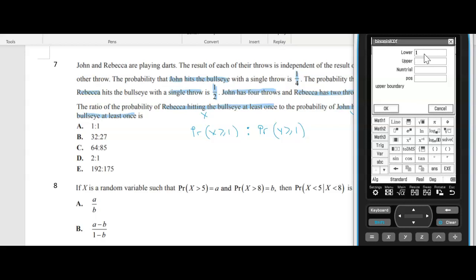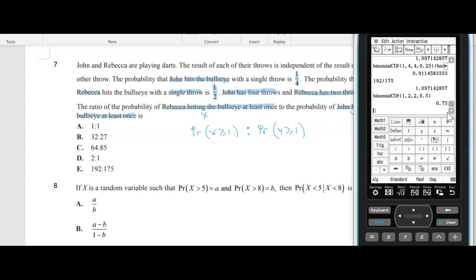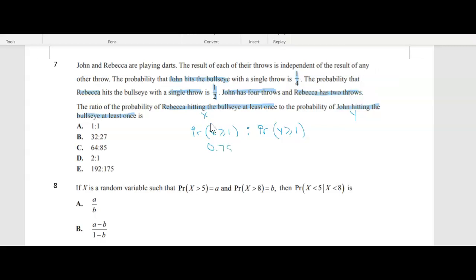So if she wanted more than 1, we couldn't include 1. She's only having 2 throws, so she can only get a bullseye once or twice. Number of trials is 2, and her probability of success is 0.5. So there's her value, and I'm going to write that here, 0.75.